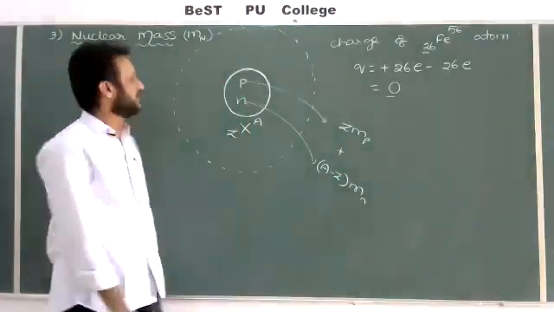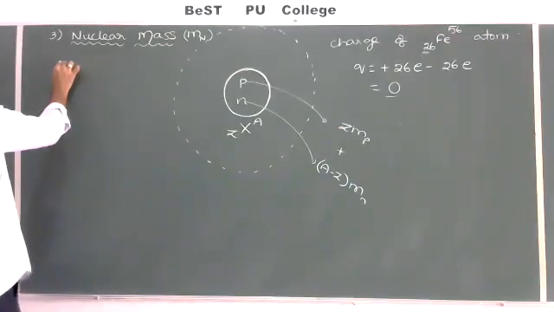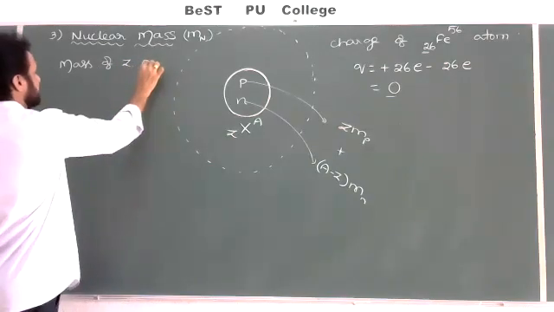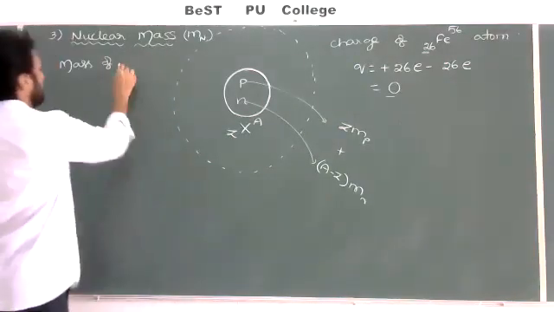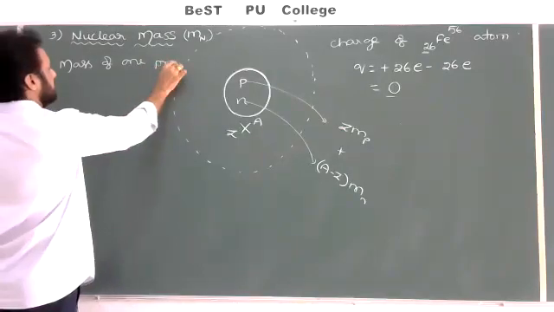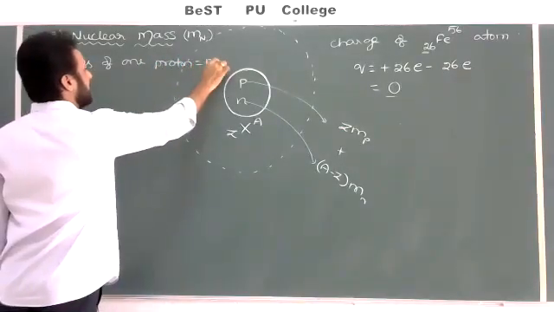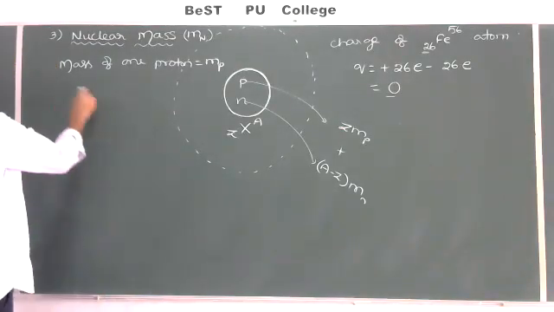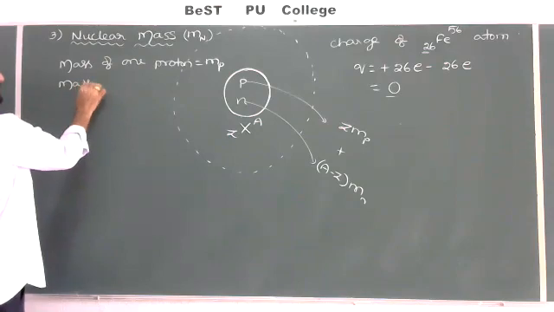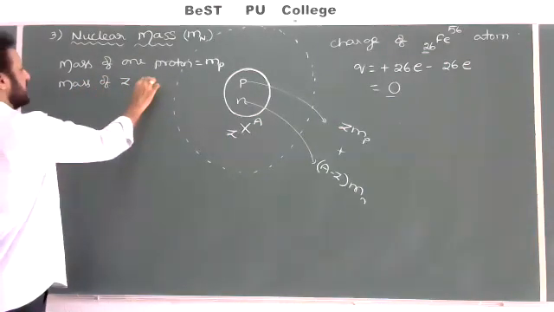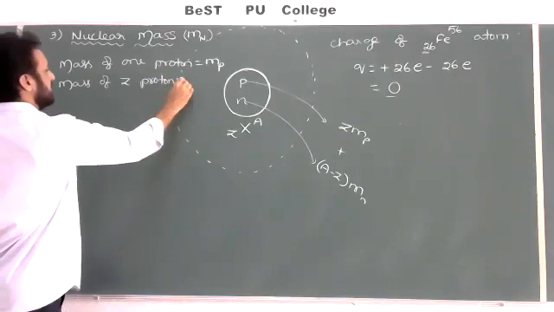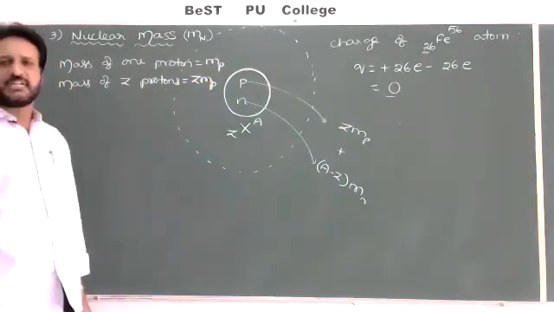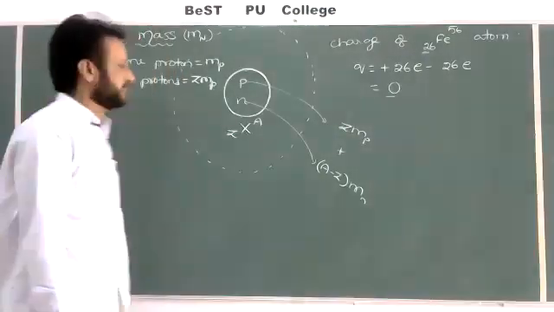That's the only simple formula. Here you should write the mass of Z protons in a nucleus, or first the mass of one proton. The mass of one proton is equal to m suffix p. I am writing this, it's your choice, you can write m also, no problem. And the mass of Z protons in a nucleus is equal to Zmp. One proton equal to m, Z protons equal to Zmp, you should write.